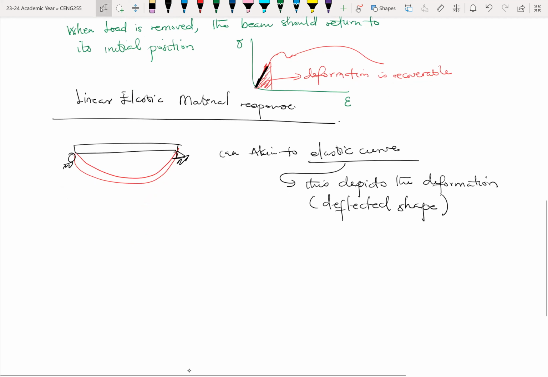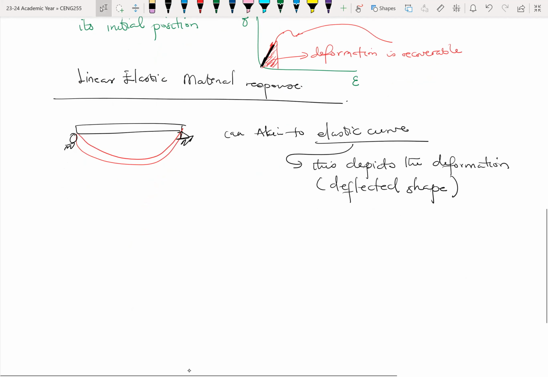There are a few things I have to mention. So the deflection, as we know it, can be broken down into two subcomponents. For clarity's sake, you can have displacement.